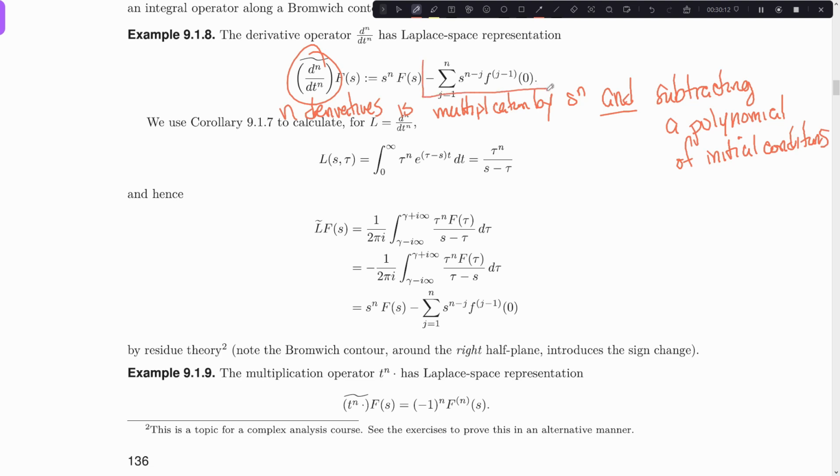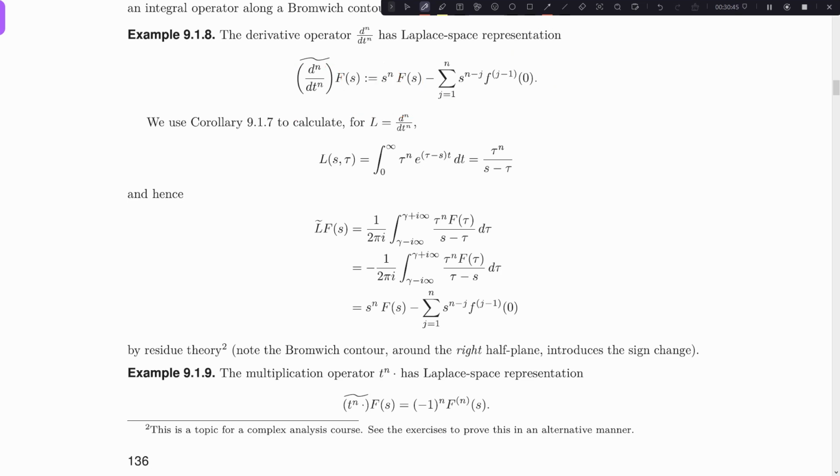So this is a negative polynomial of initial conditions. I have this multiplication by something, and then I end up with a polynomial of initial conditions sitting around in my transform space. This is pretty useful though, because it throws initial conditions right into the problem for me. And then when I invert things with the Laplace transform, the problem with initial conditions is already solved. So that's how I solve problems with the Laplace transform.